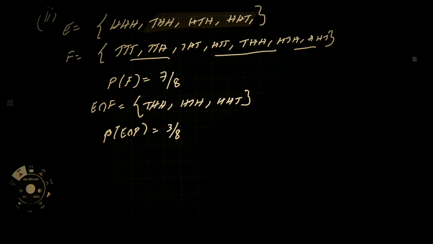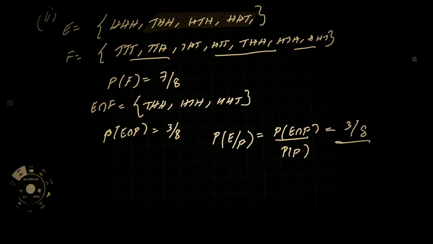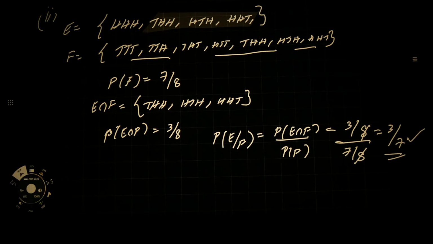So next, P of E given F is equal to P of E intersection F divided by P of F. P of E intersection F is 3 by 8 divided by 7 by 8. 8 cancels. Your answer will be 3 by 7. Done.